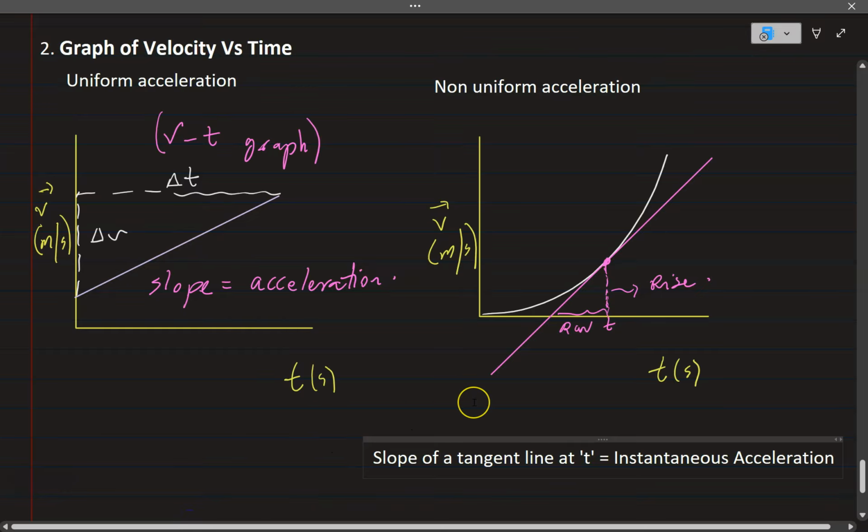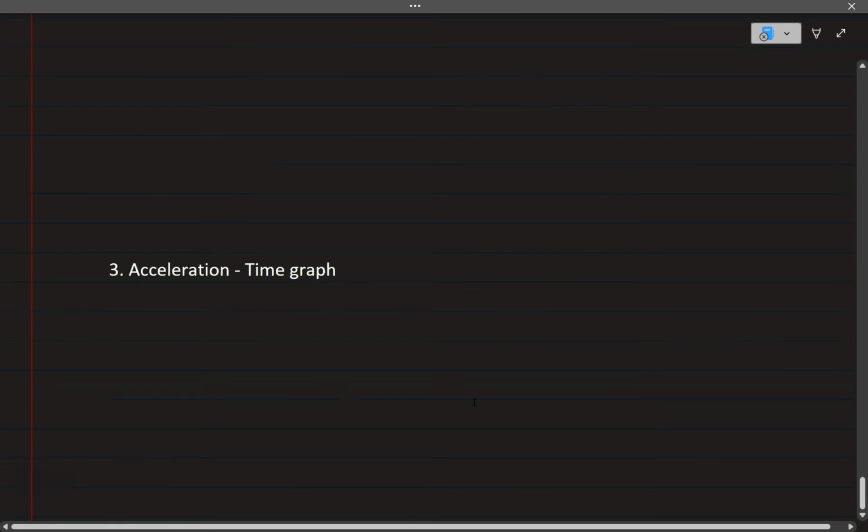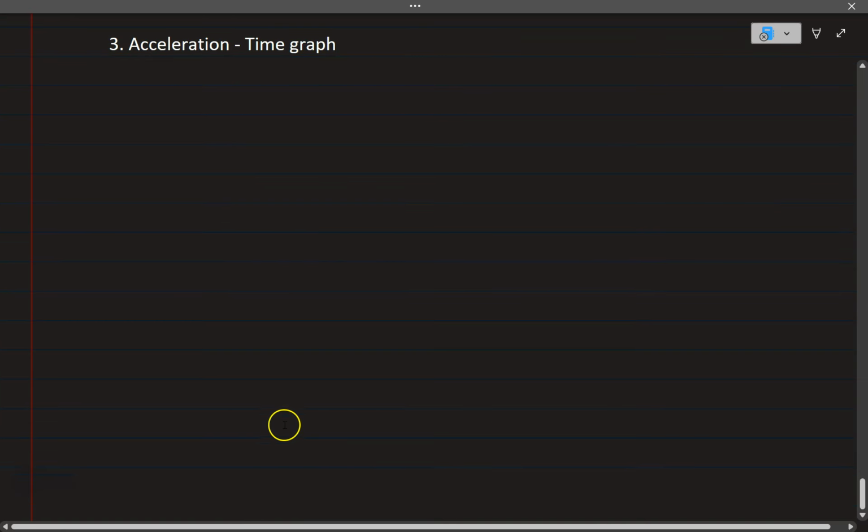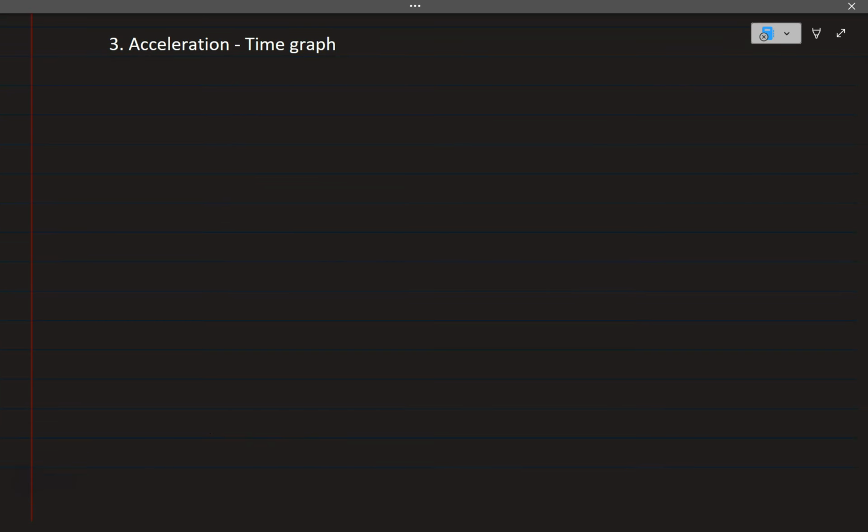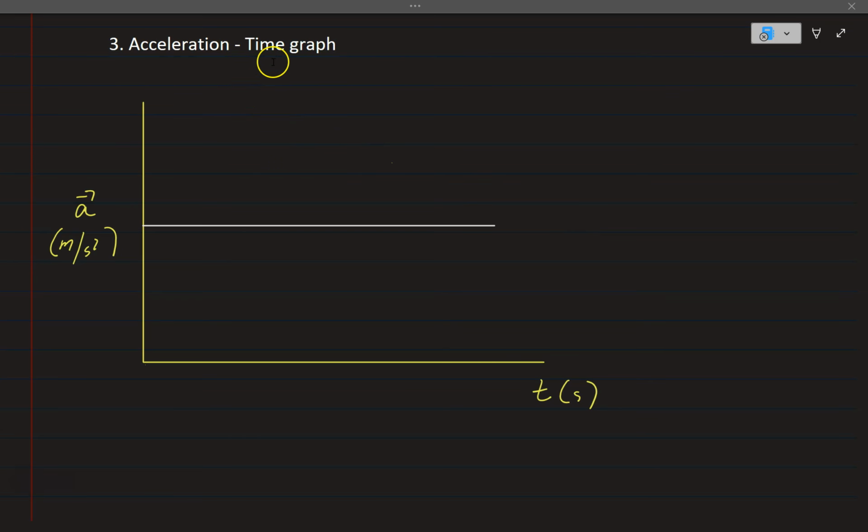One last thing I need to talk about is the acceleration time graph. This is a very interesting graph, and it's a special case. For the most part, if you have a setup like a straight line, that tells you that the acceleration is constant.